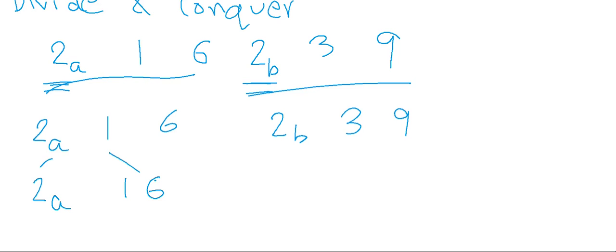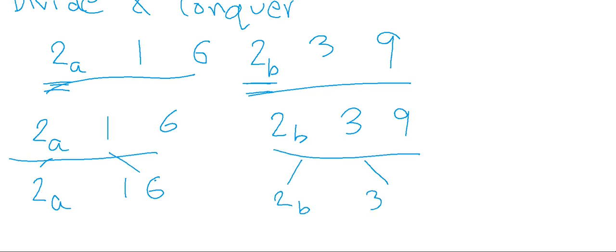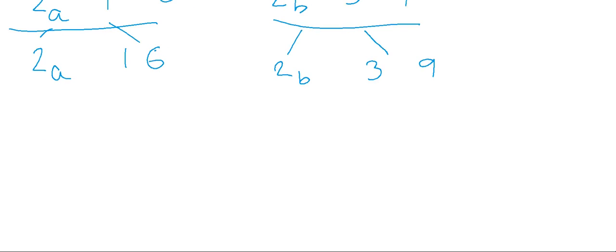And when you divide this you get 2b and 3, 9. Then you again divide this list into half, which will give you 1 and 6, and here you will have 2a, and this will give you 2b, and this will give you 3 and 9.